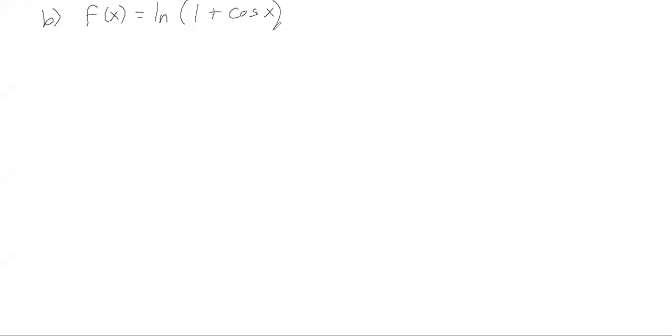Now, if we look at this as an outside function and an inside function, here's my inside function. So where is the cosine function plus 1 continuous? Well, what is the cosine function plus 1? That's just the cosine function, which we learned from trig. It looks like that, right? Shift it 1 unit up. So take this and shift everything 1 unit up, okay?